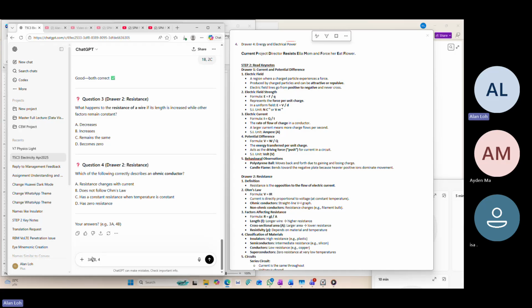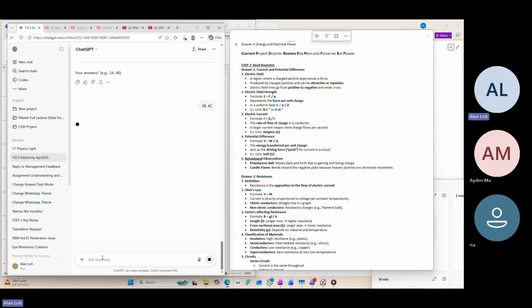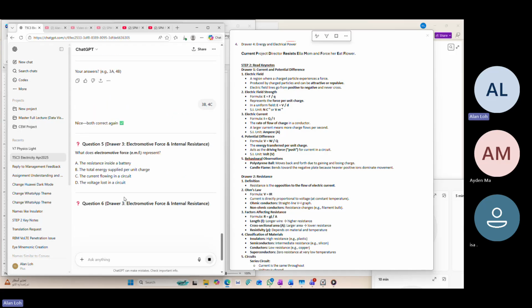Okay, so 3 is B. Aiden also agrees that it's B. 4 is C. Both. Okay, let's see. It has constant resistance when temperature is constant. Nice.